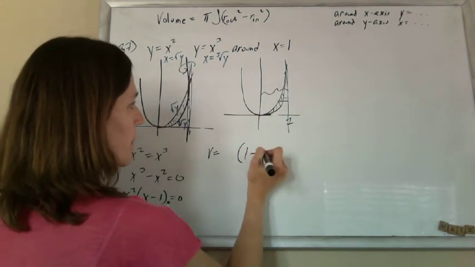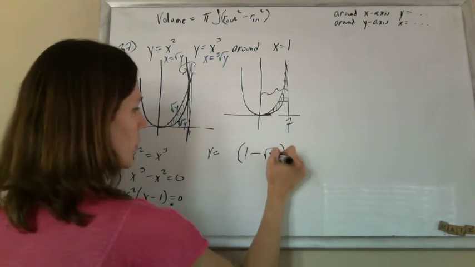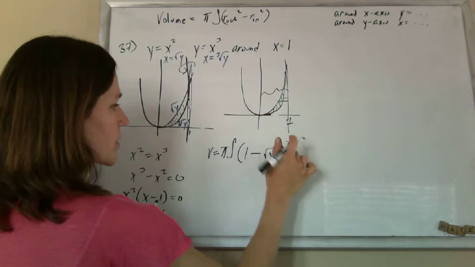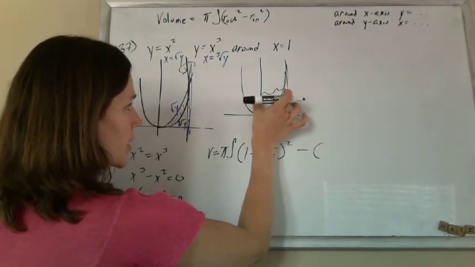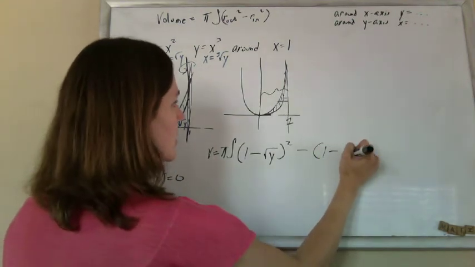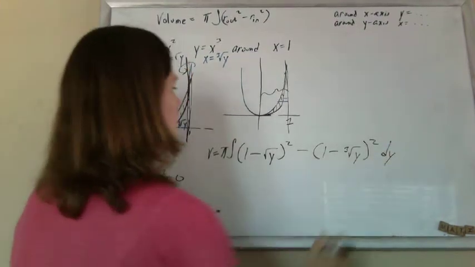So it's 1 minus, and that one there, the outer one, is the square root of y. So we have pi times that radius squared minus the inner one. And again, the inner one's not 1 long, it's 1 minus the length of the function, so 1 minus the cube root of y, squared, dy.